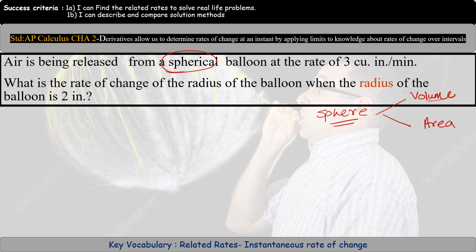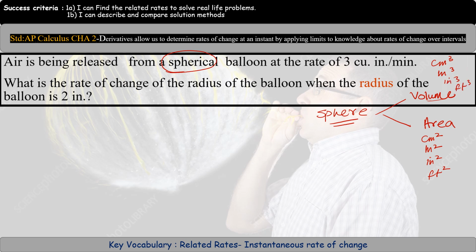Before reading the problem one more time, understand a few basic things. The units of area can be given as centimeter square, meter square, inch square, feet square, and so on, whereas the units of volume are given in the form of centimeter cube, meter cube, inch cube, or feet cube.